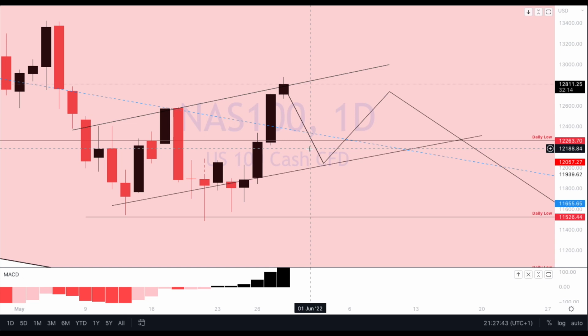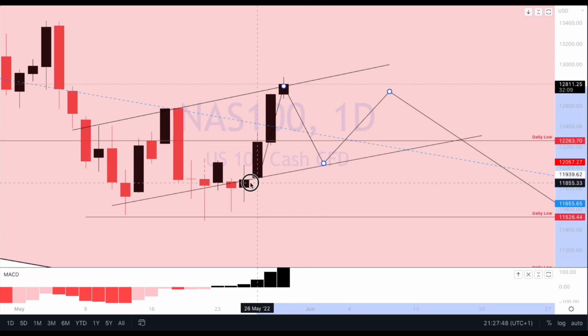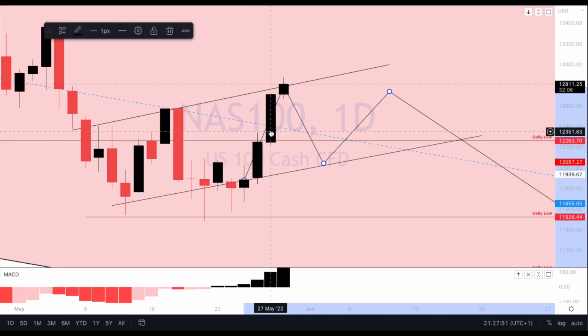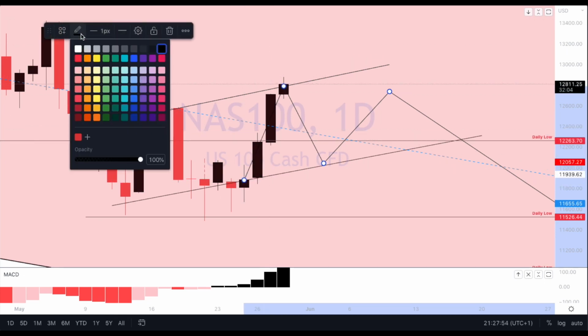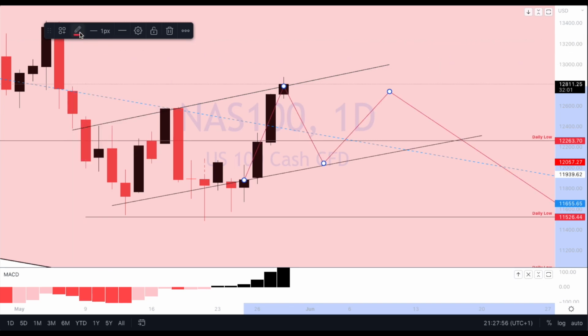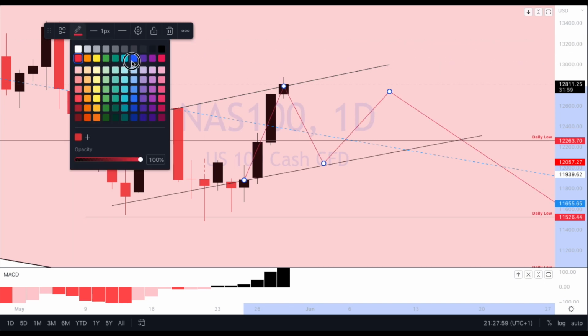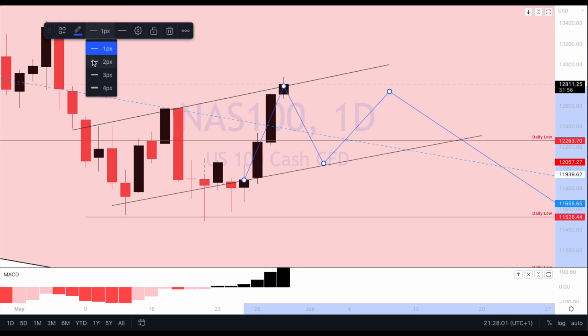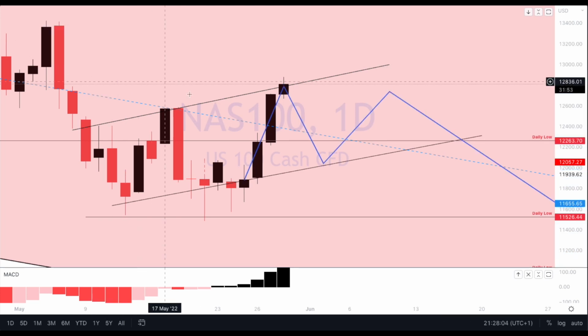Now, the first part of this drawing has taken place, and that was this move going up. So let me just change this color, make it blue, and a little bit thicker. Okay, so on Monday we talked about price pushing up from this level all the way up here, and I caught 90% of the move up, but in all fairness, I joined the market roughly around this zone.